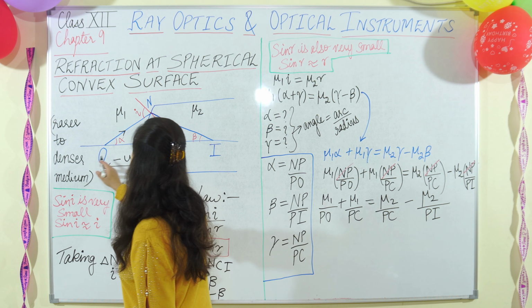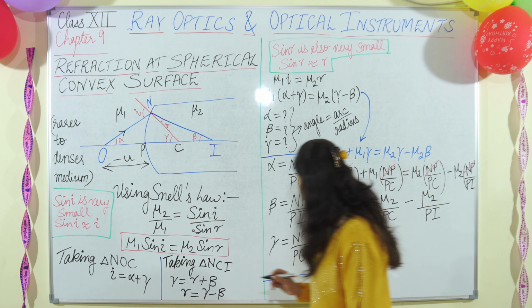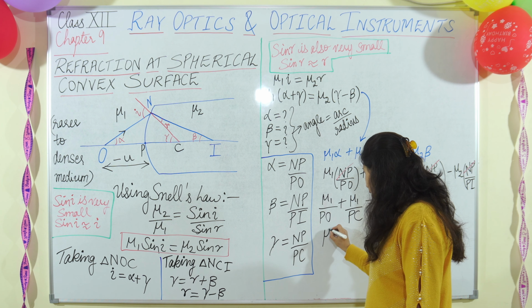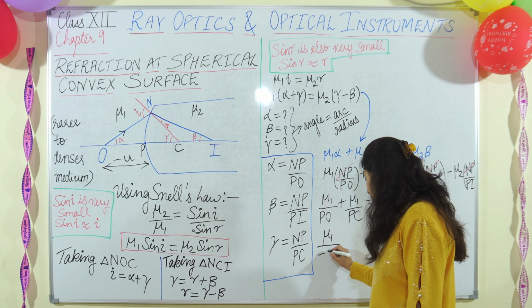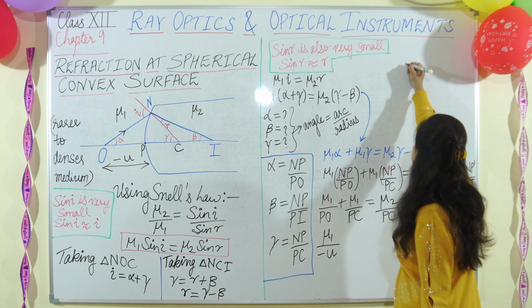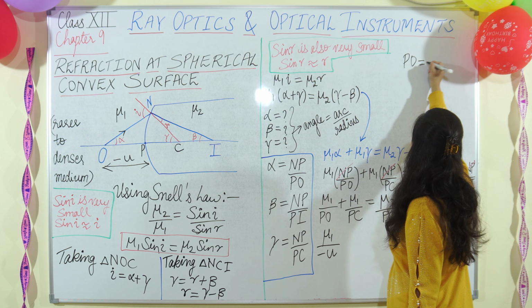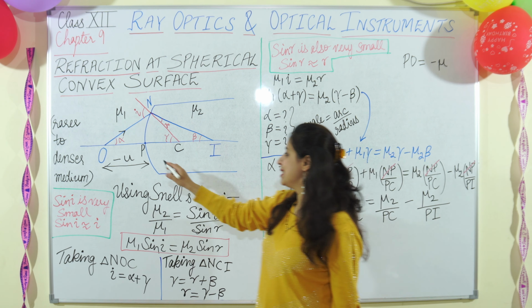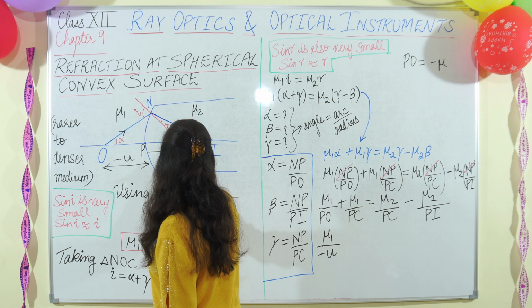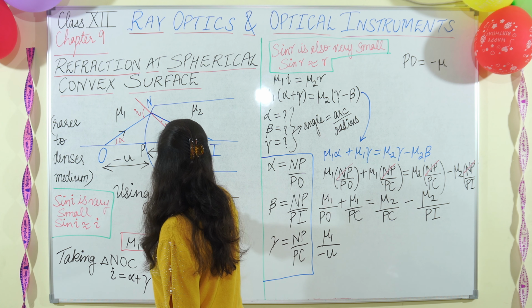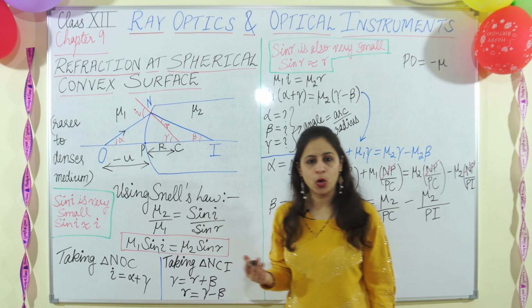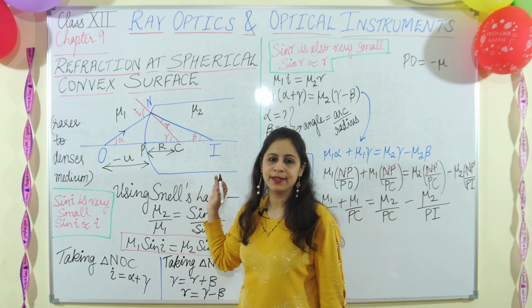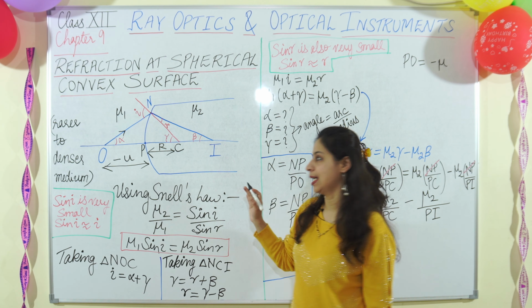So my PO will be minus u. Then what is PC? PC is the radius of curvature R, and it will be taken as positive because it is on the right hand side.